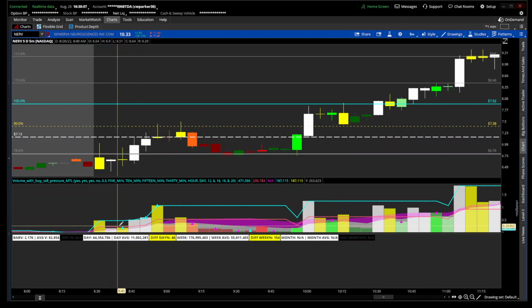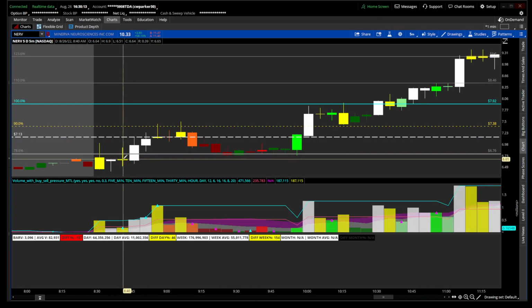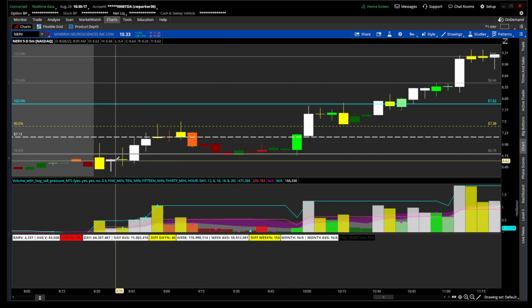But you can see with these triangles right here, what they're representing is big volume on a small candle, on a small body. The body is between the close and open. It's smaller than the preceding one, but it has more volume.